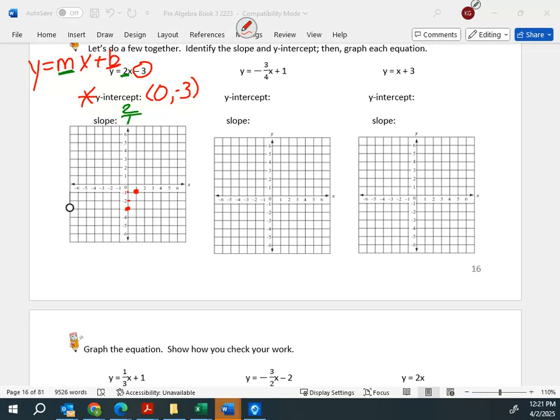Now what do I do? What's my third step? Christina? Connect the dots. Try to make it as straight of a line as you can. It doesn't have to be perfect, but we don't want it to be wiggly wobbly. Put your arrows at the end. So I've got my y-intercept, I use my slope to find a second point, and then I connect my dots.